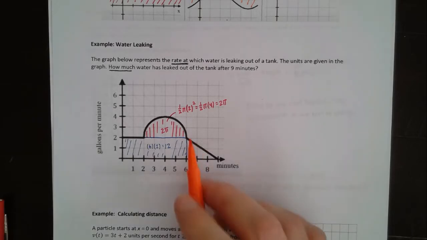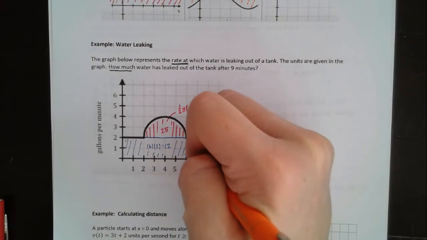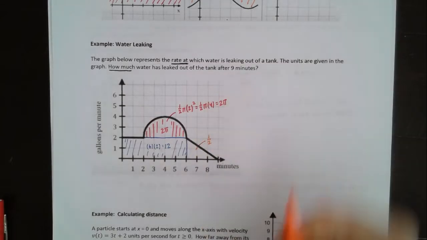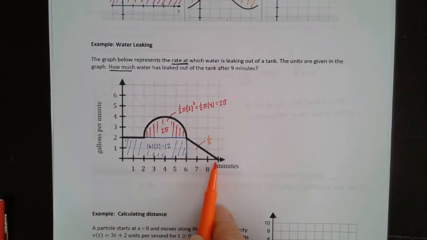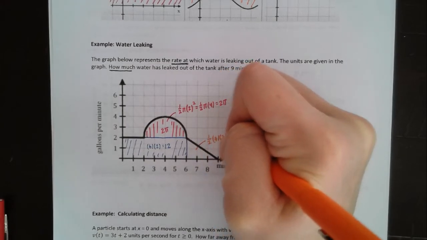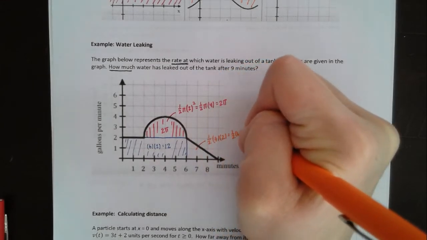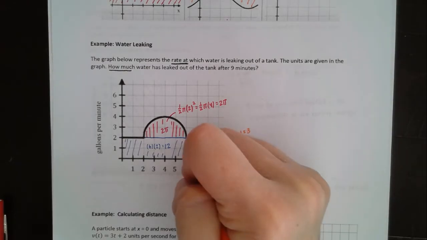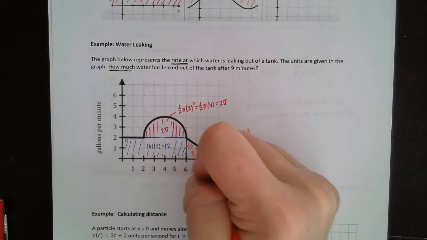And then we've got this little triangular region down here. So my area would be 1/2 the base times height. Base here is 3 units. Height here would be 2 units. So 1/2 times 6 gives me an area of this triangular region of 3 units.